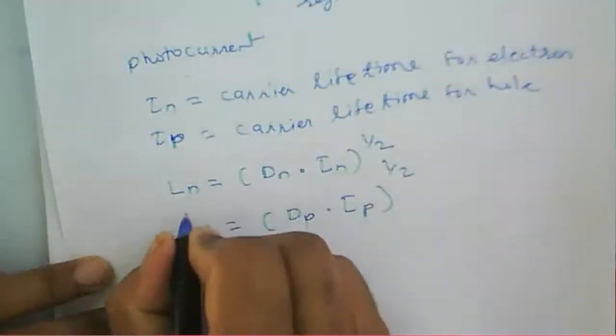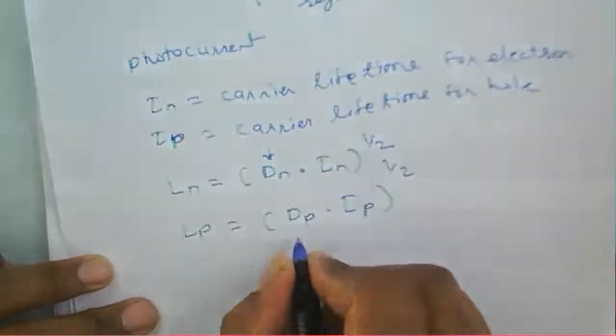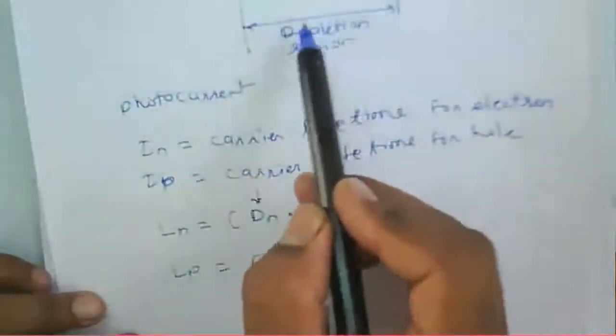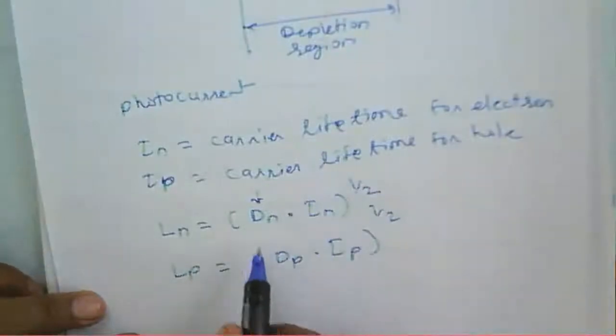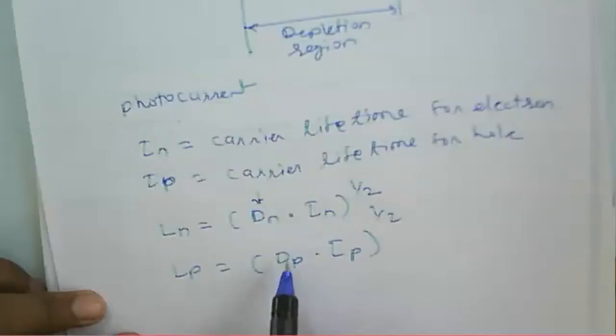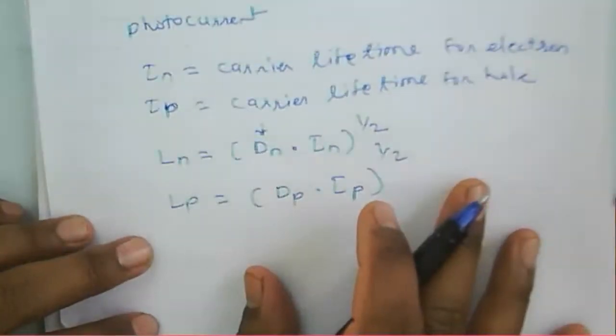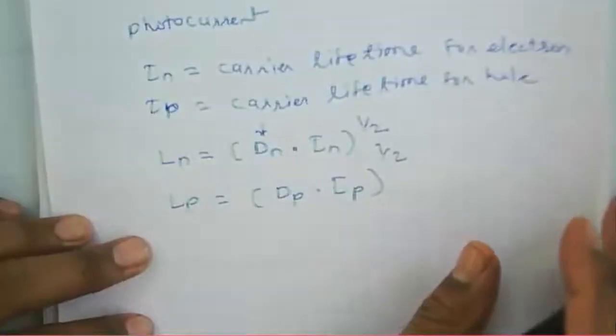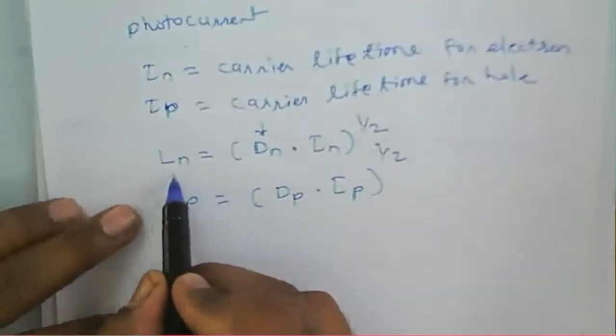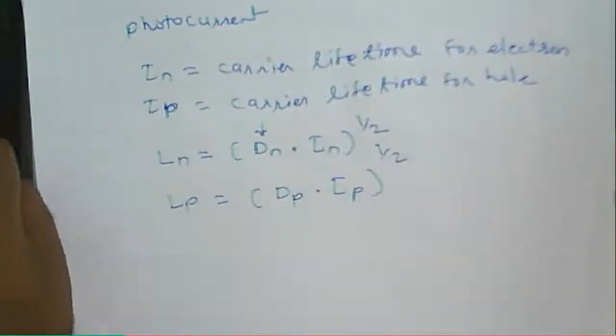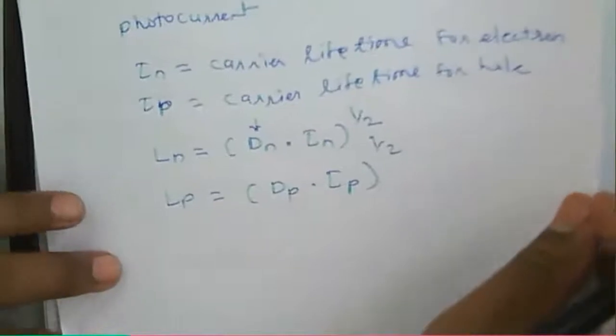So that is about the distance travel in that particular intrinsic layer, the diffusion of electrons and diffusion of holes. So the diffusion coefficient for the electron and hole gives us the distance traveled by these electrons and holes there.